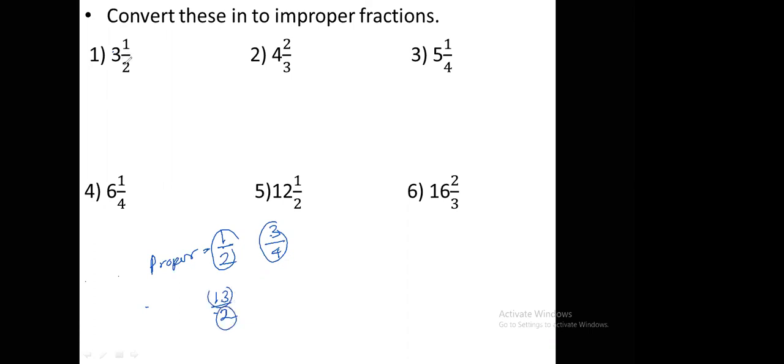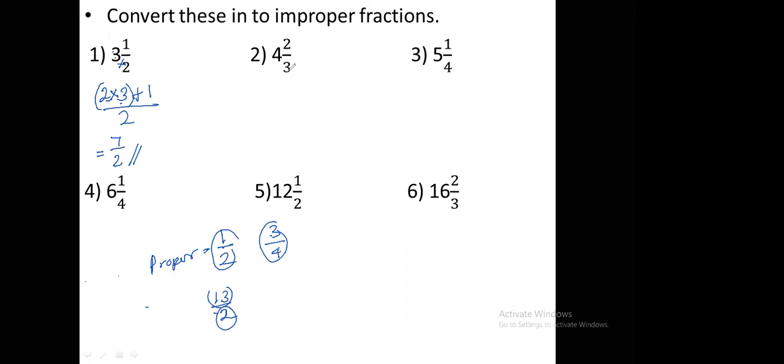Now when we are converting this mixed fraction, it becomes an improper fraction. 2 multiplied by 3. For that add 1. Then write the 2 below the line. 2 times 3, 6. 6 plus 1, 7 over 2.